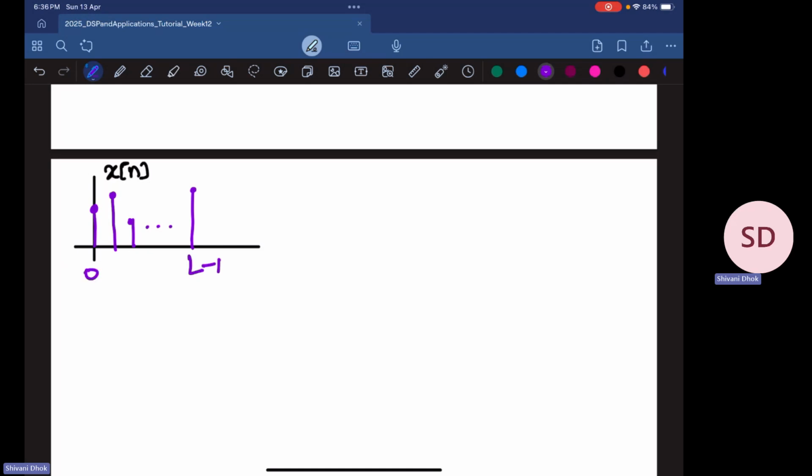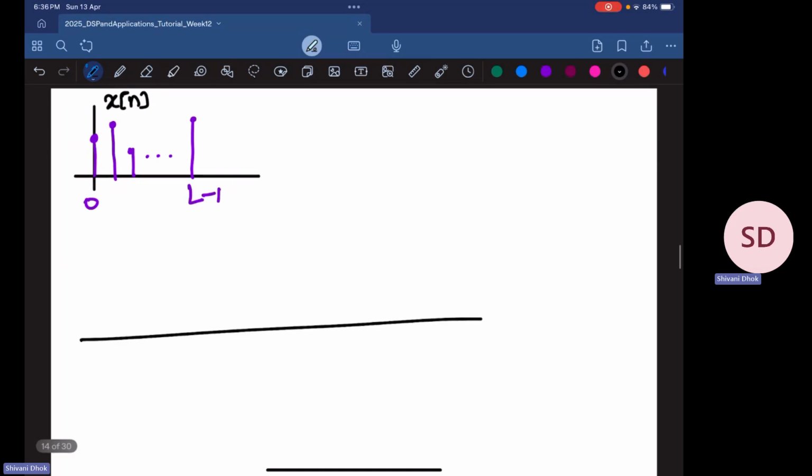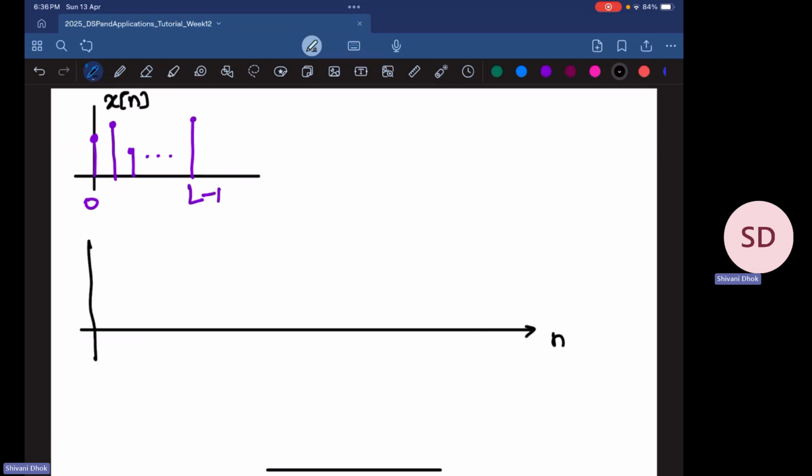In the negative axis also the same thing will happen, and this is x tilde of n.